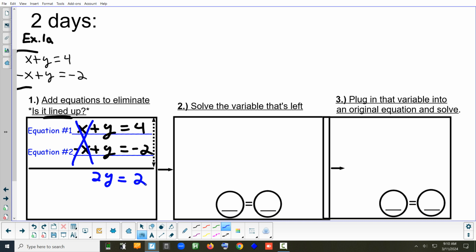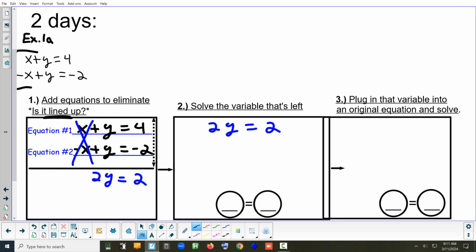Now we're going to copy this over to the next box just so we have some more room. 2y equals 2. What does the second step say to do? Solve for the variable that you have left. What's the variable we have left there? The variable is y. We have to get rid of the 2 that's in front of the y.